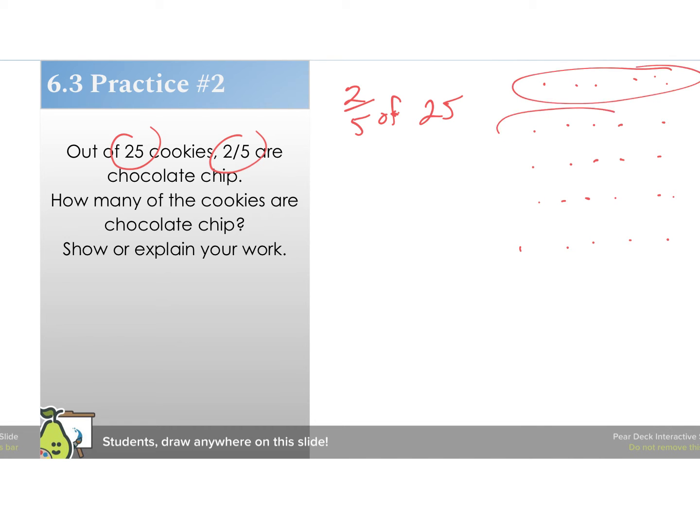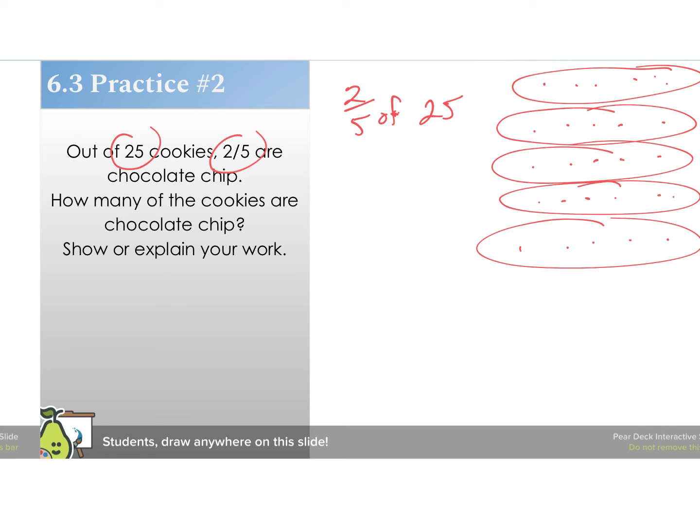I think I added an extra dot there, but if I erase that dot, then I think it's 5 in each. So if there's 5, 5, 5, 5, and 5, because there's 5 groups, I want 2/5. So I want these two groups, 5 plus 5, there's a total of 10.